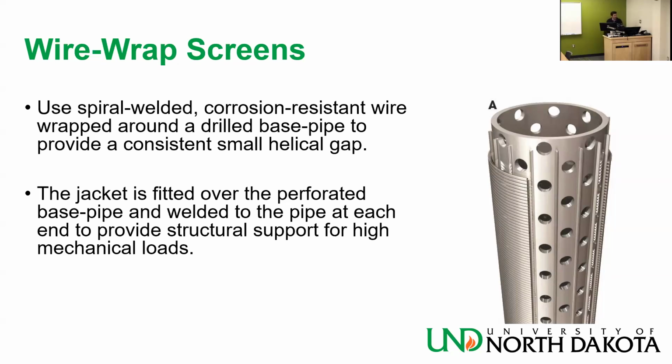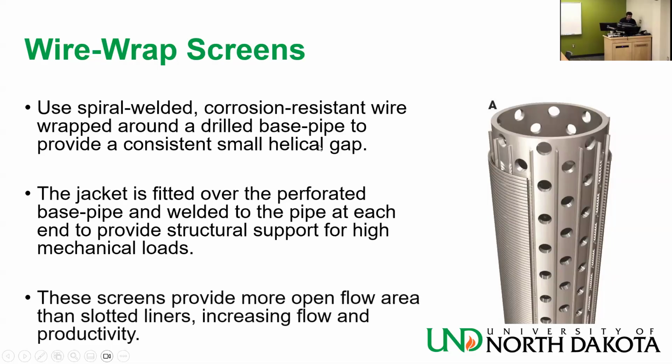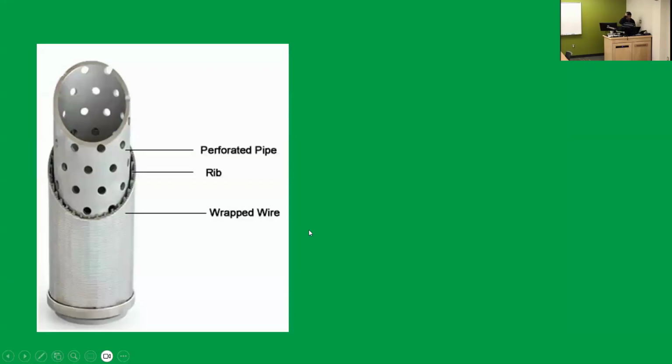So you have the jacket as a shield. There are bigger holes behind the jacket, but the jacket acts like a shield, stopping fines from migrating into the well. These screens provide more open flow area than slotted liners, increasing flow and productivity.